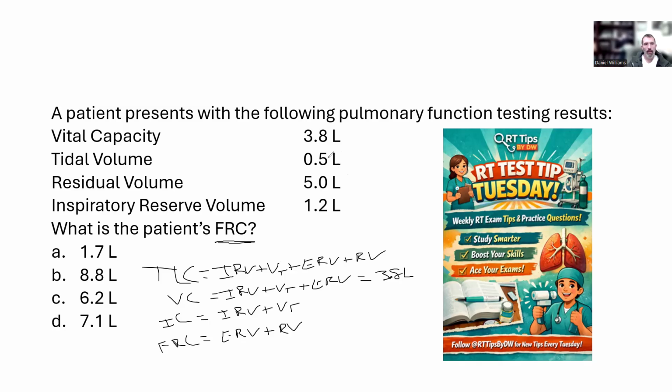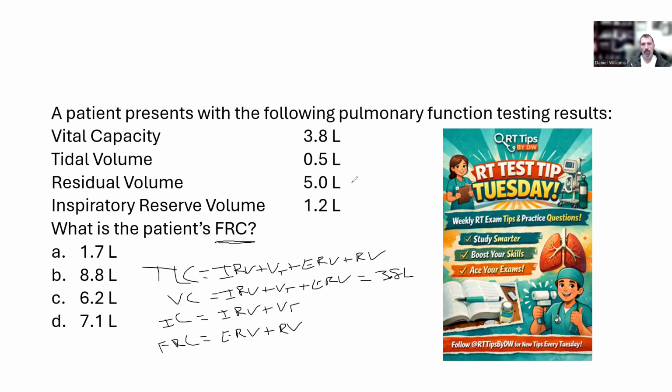The residual volume is 5 liters. Inspiratory reserve volume is 1.2 liters. The question is asking, what is the patient's FRC? What's their functional residual capacity? So we need to know what encompasses the functional residual capacity. We listed them down here for you. FRC is ERV plus RV.